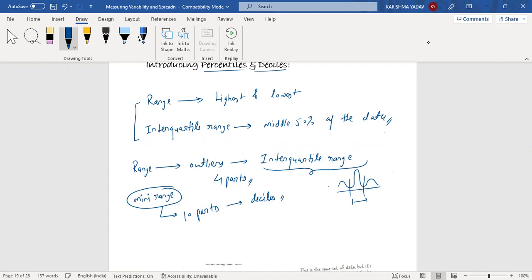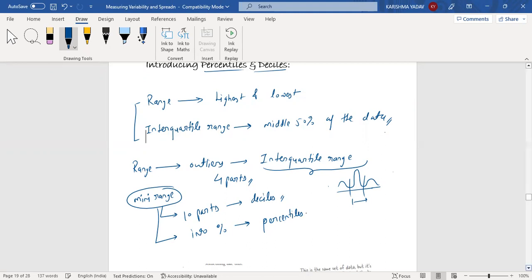We can also construct further ranges if we break up a data set into percentages. The values that split the data are called percentiles.